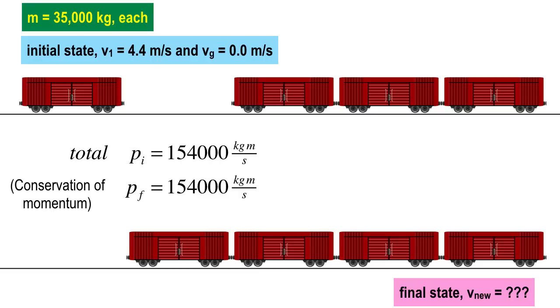And if you just plug in the definition of momentum, P equals mv, yeah, you could do that. Put in an equal sign and then mv, and that's the mass of the string of 4 boxcars. Just think to yourself, you got 4 of them, and they're 35,000 kilograms each.